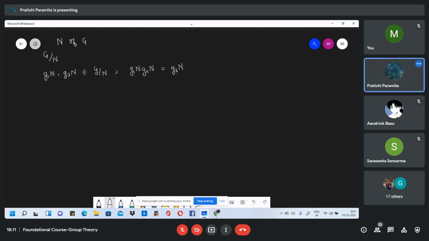If it satisfies closure, then I'm one step closer to saying that it is a quotient group.